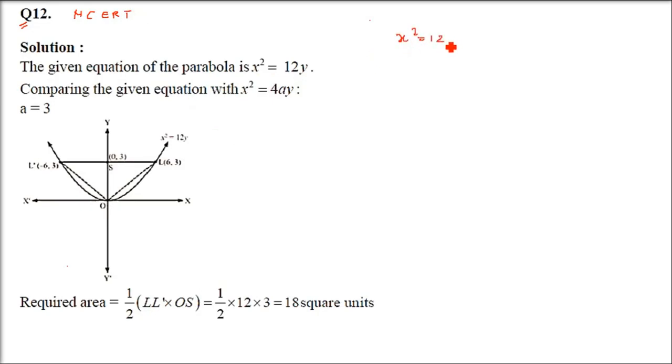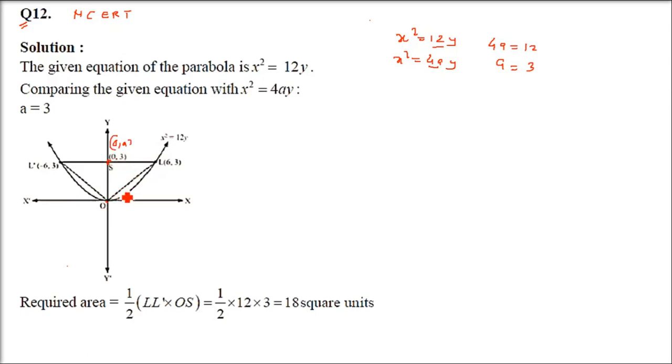You can compare it with x square equals 4ay. So 4a equals 12. A is 3. So the orientation is like this. A is 3, so this is 0, a, and we put a here.